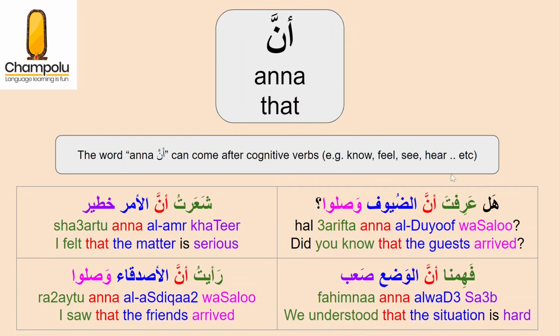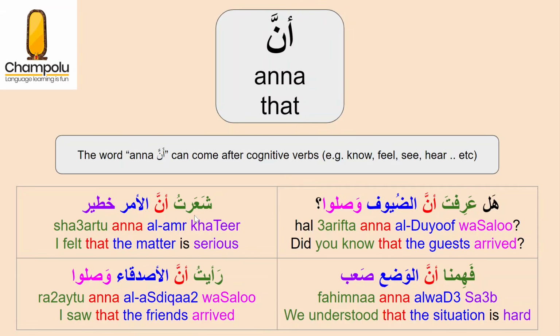So we find something like that. هل عرفت أن الضيوف وصلوا؟ Did you know that the guests arrived? So here the cognitive verb we're talking about is عرف, so it's conjugated here as عرفت when we're addressing a male person. And then we can find another example here.